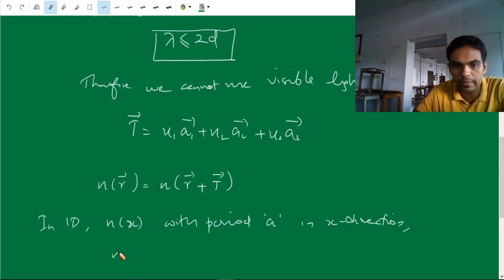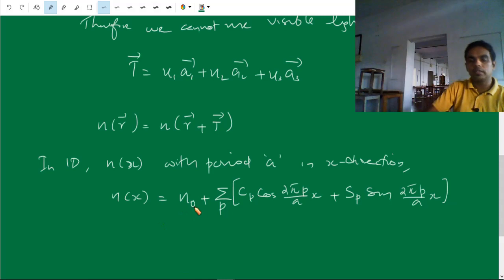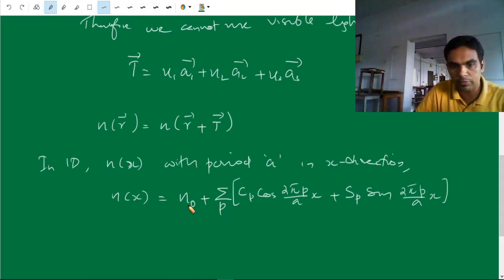So we can write n of x as the Fourier series, that is, n0 plus the sum of Cp cos 2 pi p by a x plus Sp sin 2 pi p by a x. So n of x is equal to n0 plus a sum of cosine terms and a sum of sine terms.